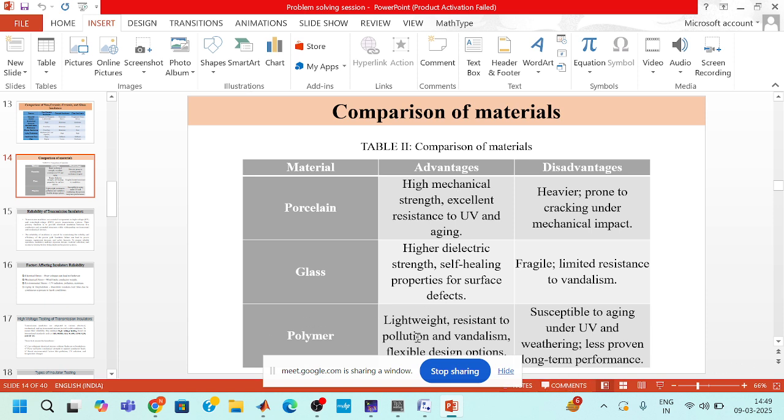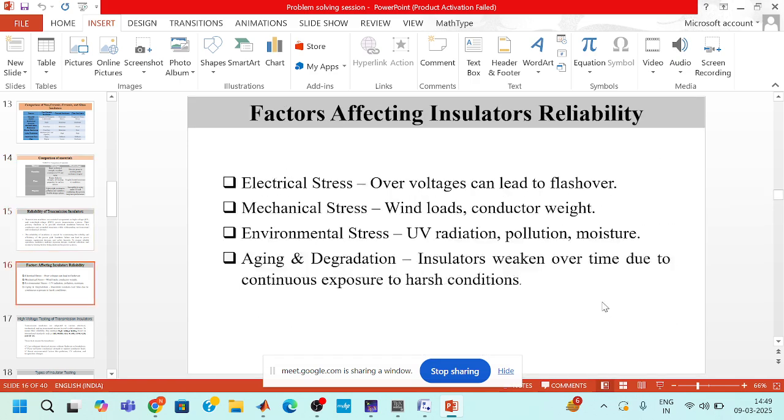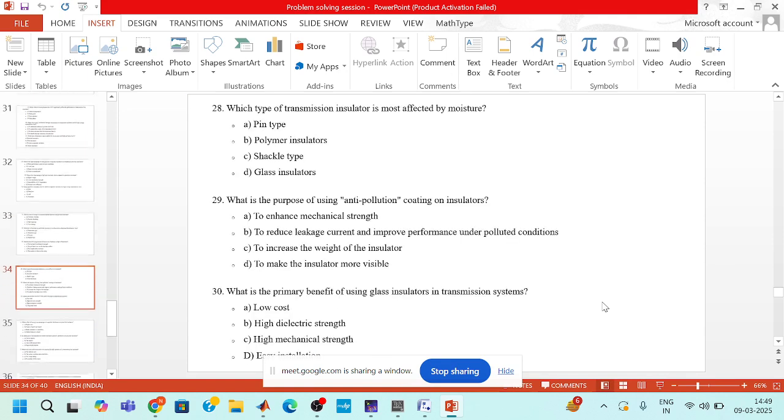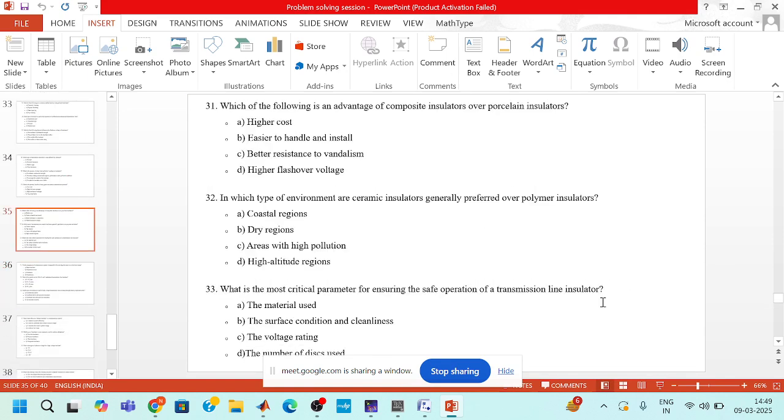The main advantage of polymer insulator is lightweight, resistant to pollution and vandalism. But for glass insulators, the disadvantage is limited resistance to vandalism. Option C is correct. The composite insulators provide better resistance to vandalism. Okay, C option is correct.